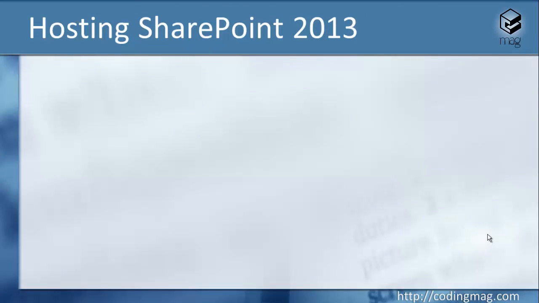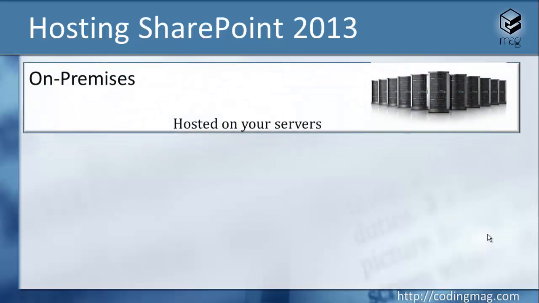So let's start. What are our options for hosting SharePoint 2013 solutions? The simplest one in our minds is the most classical one. It's hosting our SharePoint solutions in our own servers, which is the most costly one to do, and it's called on-premises.